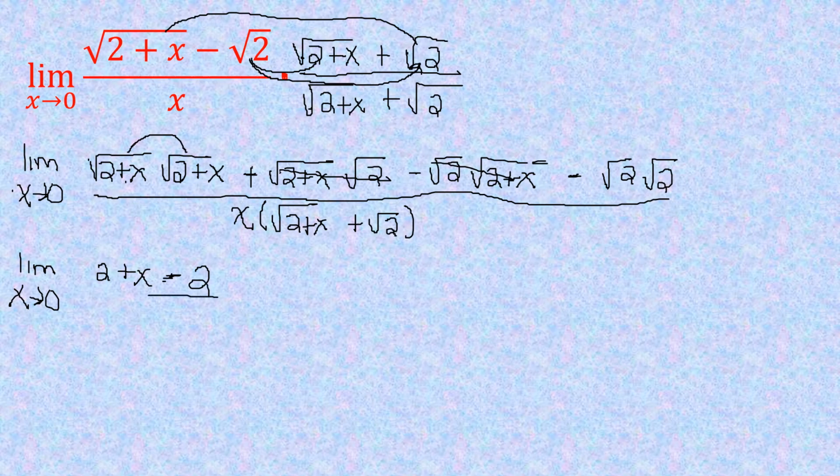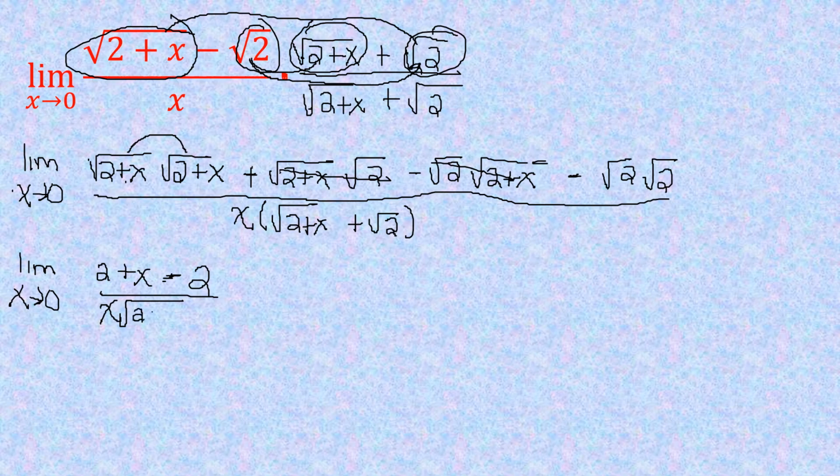So what do we learn from this? When we multiply by the conjugate, all we have to do is multiply these two together and then these two together, because the middles are going to cancel each other out. That's the beautiful thing about a conjugate. It gets rid of the radical.